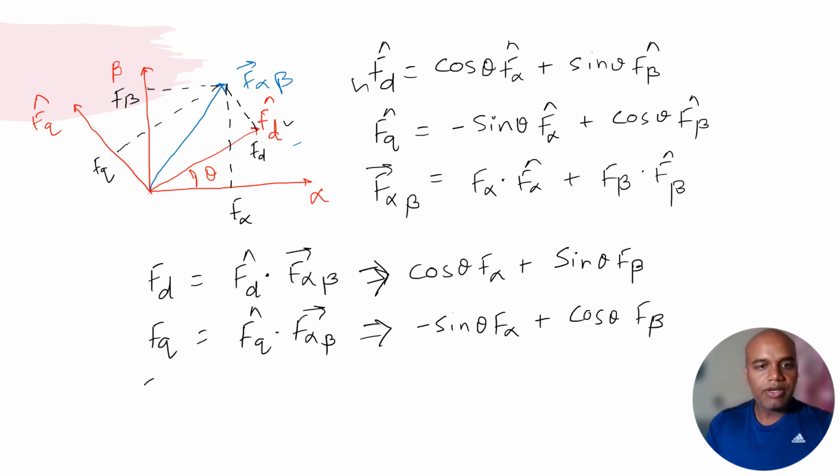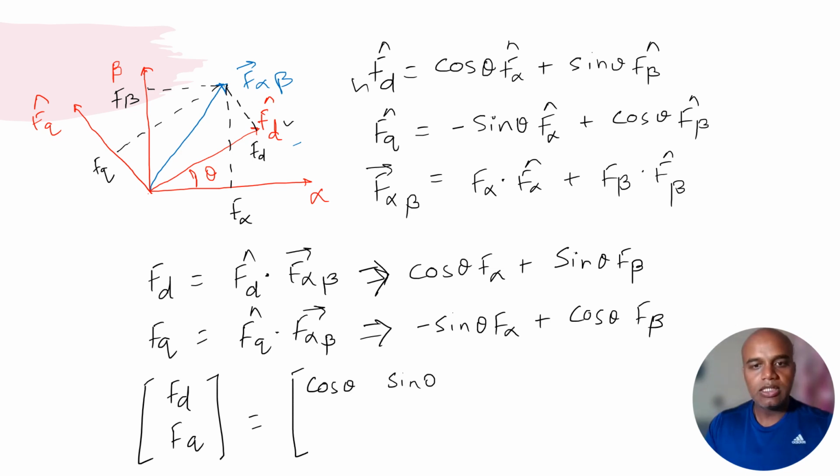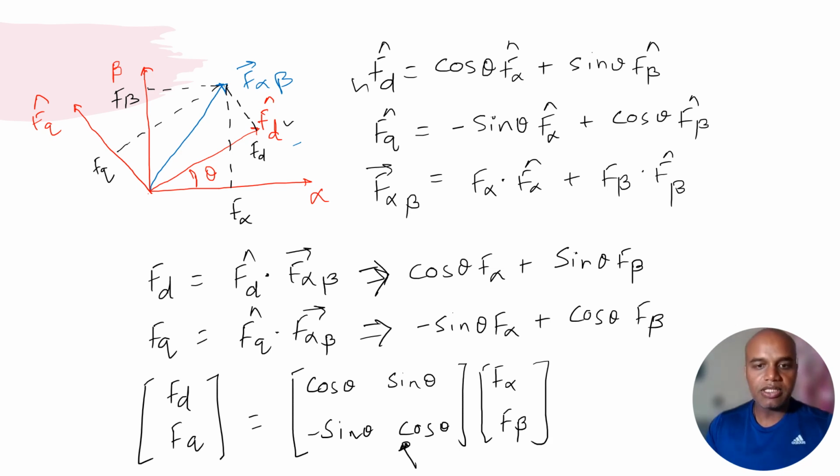Putting this into matrix form, I can have the quadrature and direct axis values in terms of alpha beta: cos theta, sine theta, and minus sine theta, cos theta, multiplied by f of alpha and f of beta.